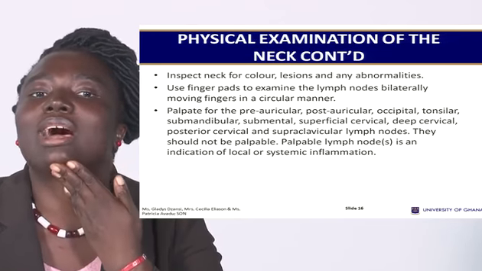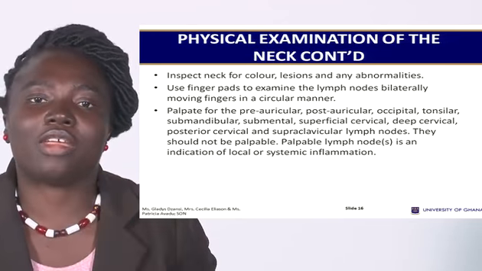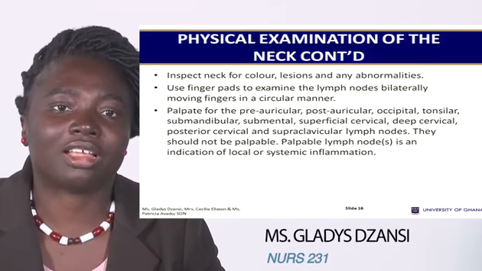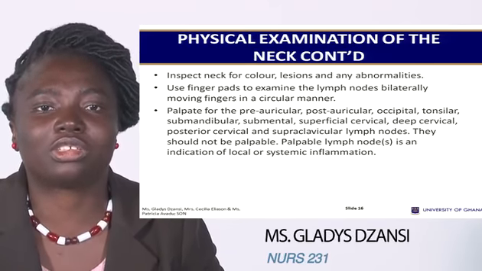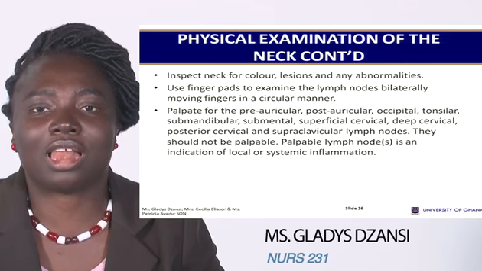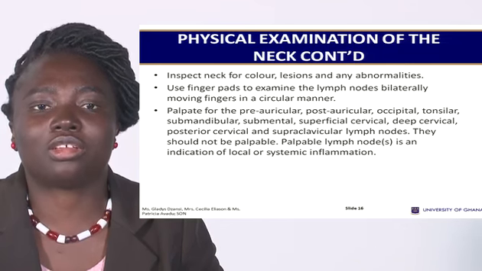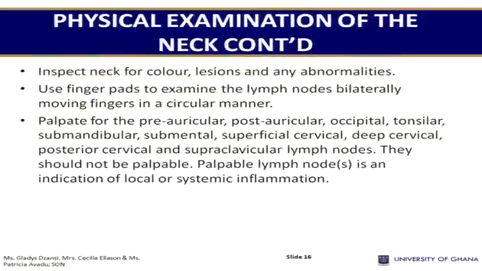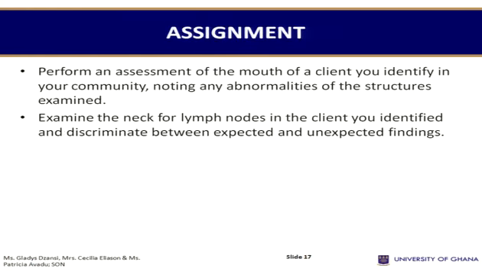Then the submental, which is under the chin. Then you have the superficial cervical, the deep cervical lymph nodes, the posterior cervical, supraclavicular lymph nodes. And as you palpate, note if they are palpable. If they are palpable, then it means that they are inflamed. And you check this on both sides of the neck, the left and the right side.